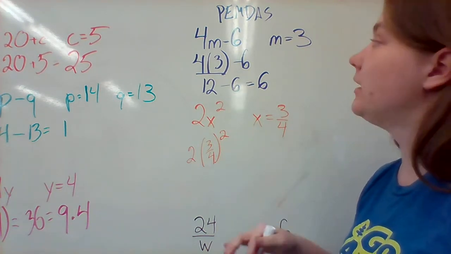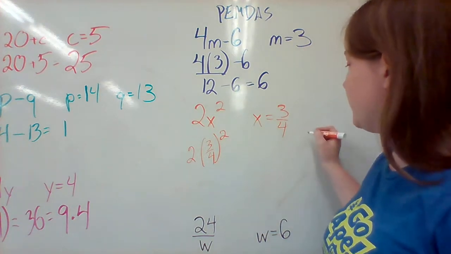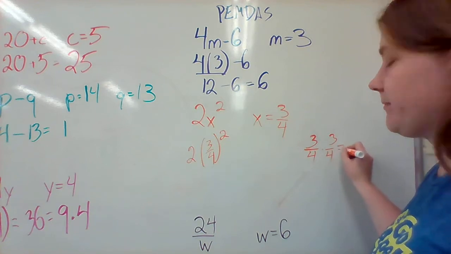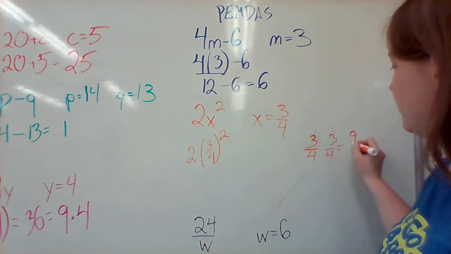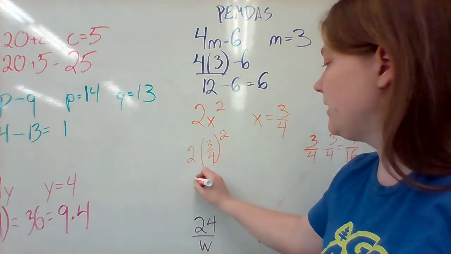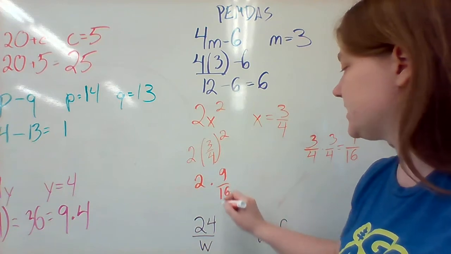I need to take care of the exponent before I multiply. So I'm going to go over here. 3/4 times 3/4. 3 times 3 is 9. 4 times 4 is 16. I get 9 over 16.